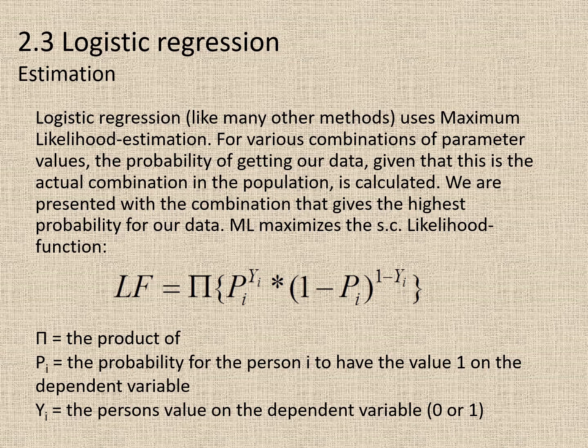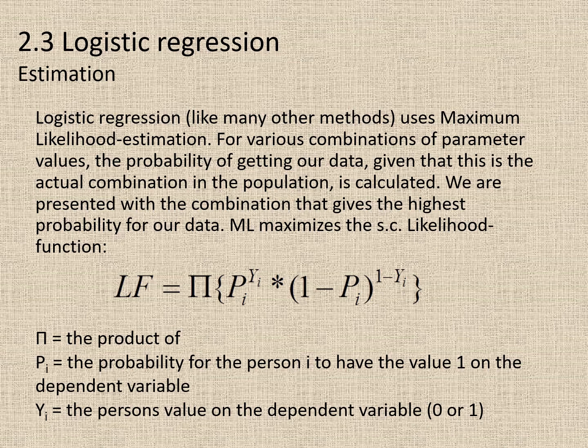So it tries out different combinations, and the result it presents for us is the combination of parameter values that gives the maximum likelihood. No other combination of parameter values will give a higher probability of getting our data if they were the true parameter values in the population. So the likelihood function is this one, and what maximum likelihood does, it maximizes that.